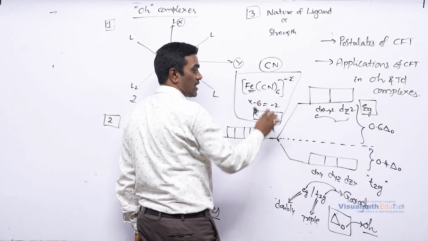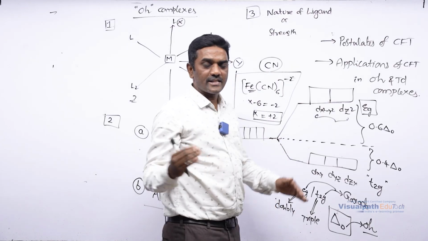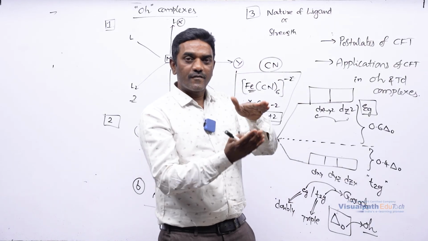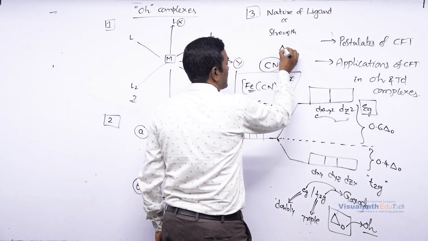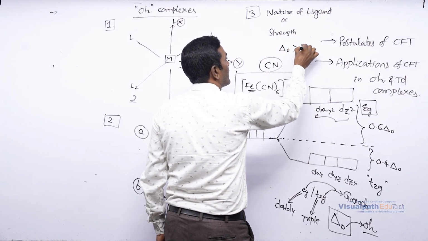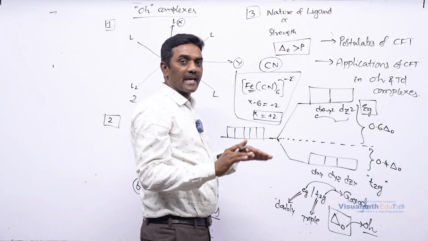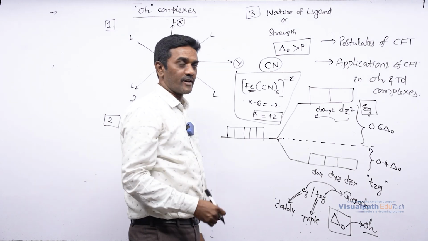So when this type of strong ligands are approaching the metal ion, the splitting occurs more. If the splitting occurs more, that means delta naught will be more compared to pairing energy. What is pairing energy? The energy required to pair electrons, that I am going to explain in the next point.